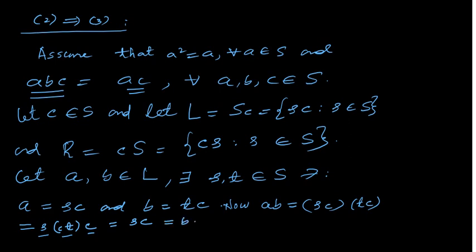SC is A. So thus AB is equal to A, and therefore L is a left zero semigroup.